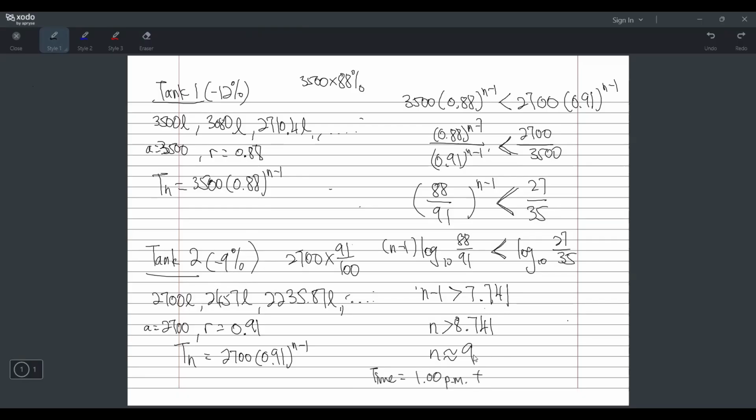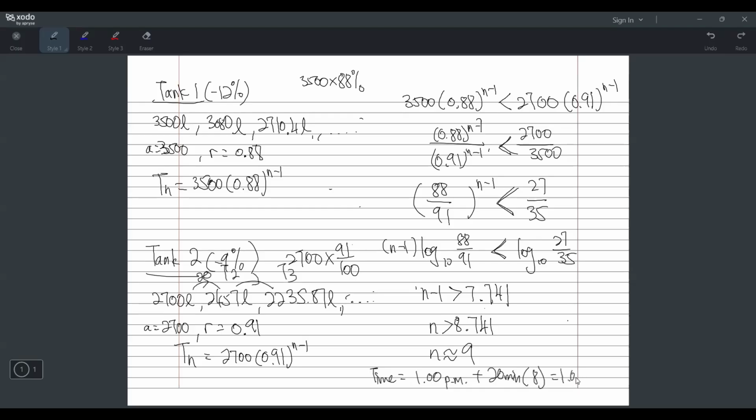At the second term, you add 20 minutes once. At the third term, you add 20 minutes twice. So when you reach the ninth term, how many times do you add 20 minutes? 8 times. It means it will be 1 p.m. plus 160 minutes.